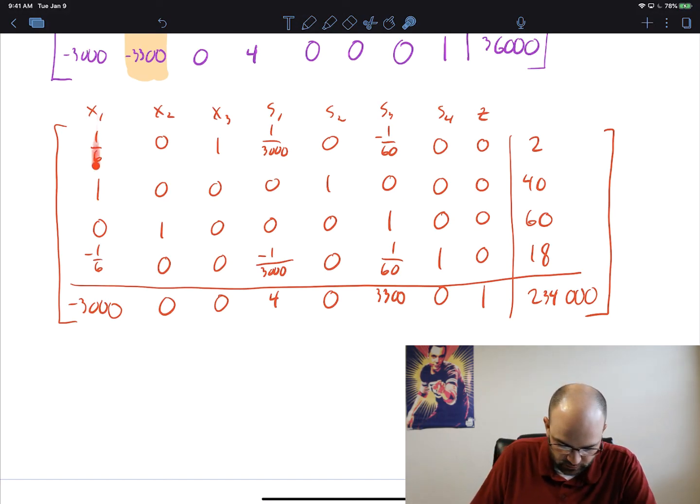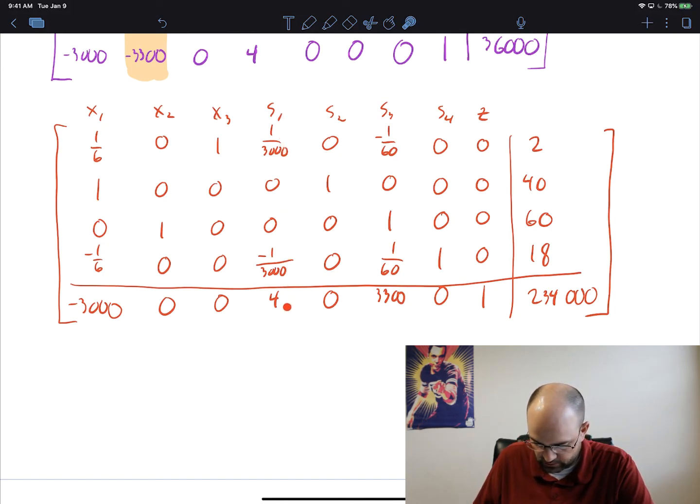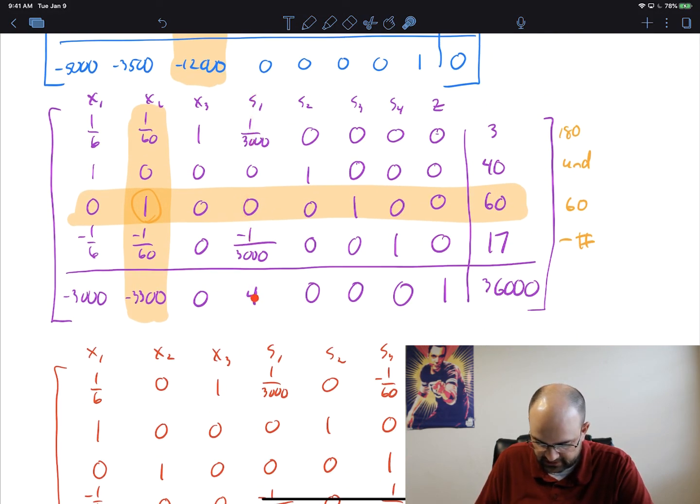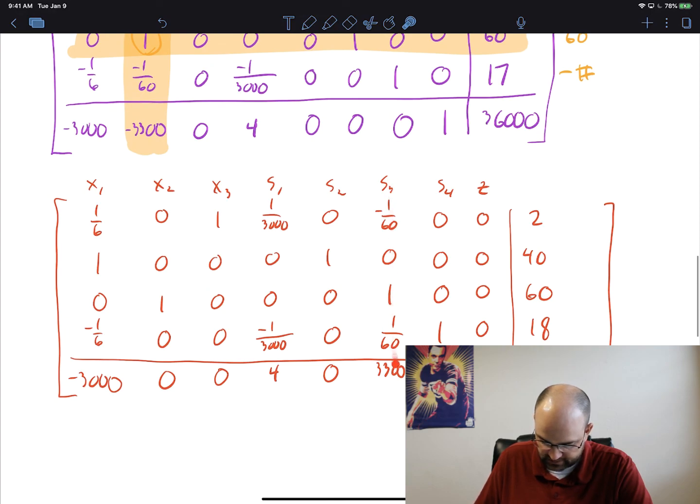Notice that this time, only x1 of the 3 variables here is actually 0. So we're actually using a combination of x2 and x3. For this one, x1 is 0, so s1 is 0, and s3 is 0. So now not only have we used up the entire s1, whatever it represented, which was the budget, but this time s3 was used up, as opposed to last time it was not.